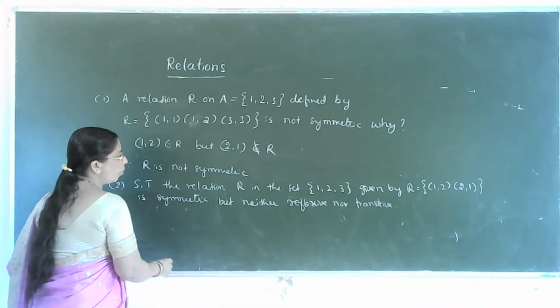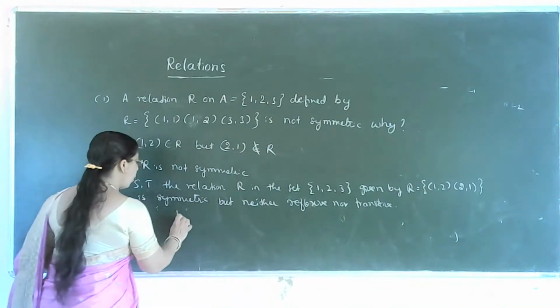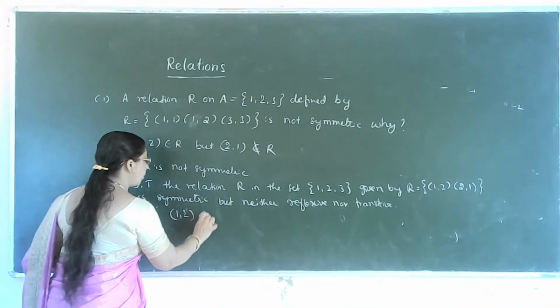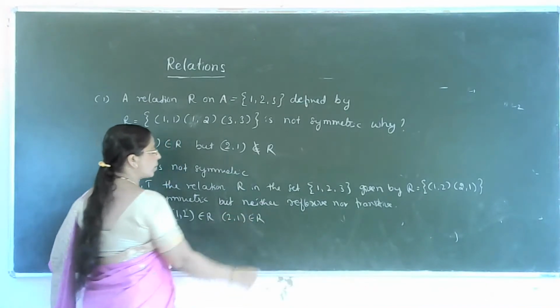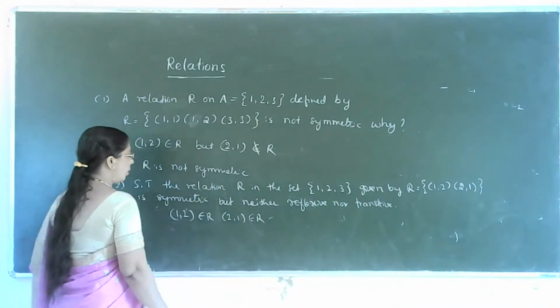Here, in the relation R, (1, 2) belongs to R and (2, 1) also belongs to R. Therefore, it's symmetric.